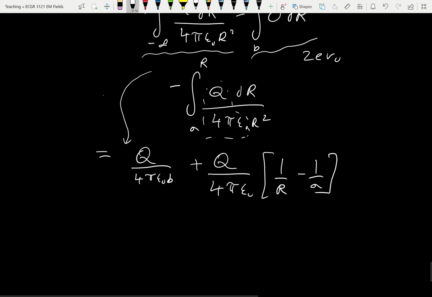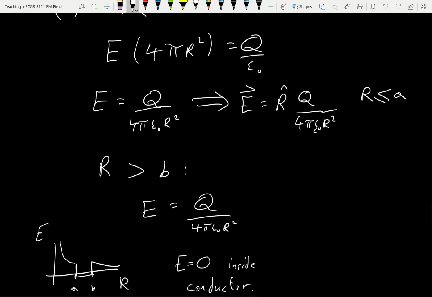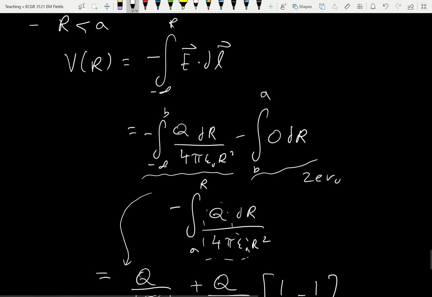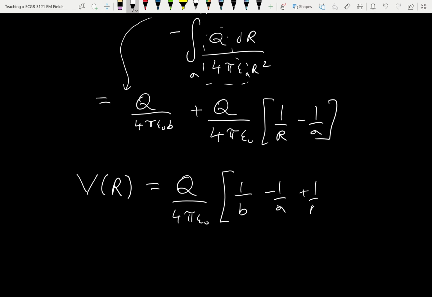So I end up with the general V(R) being Q over 4 pi epsilon naught times 1 over B minus 1 over A plus 1 over R. This is true for R less than or equal to B.